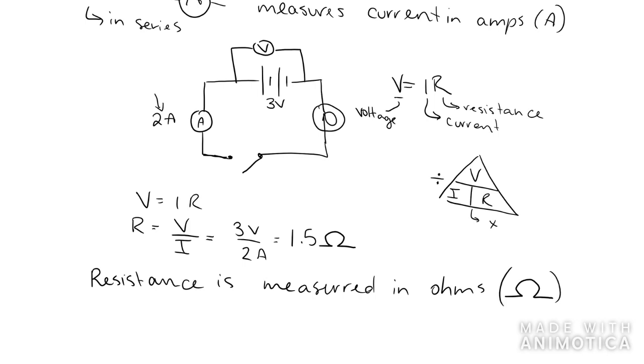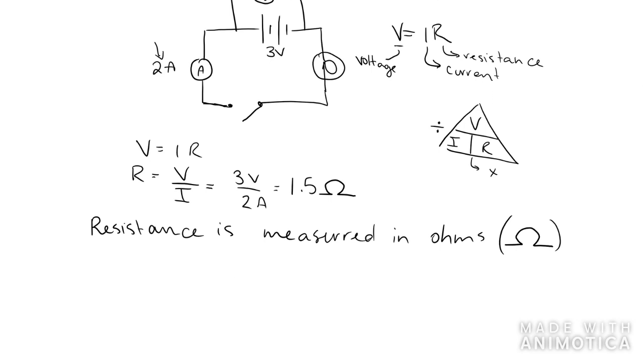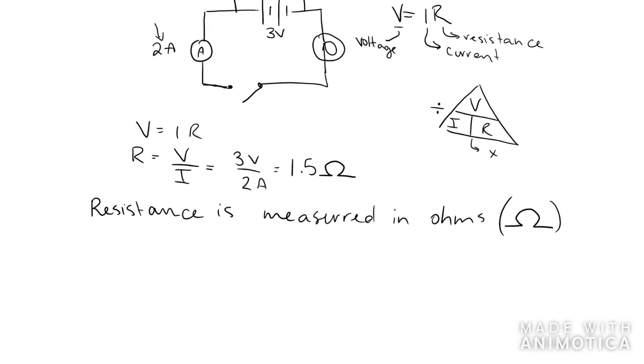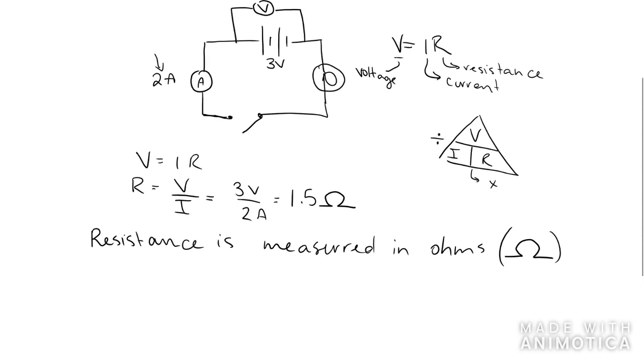So in a series circuit, this is really easy, but sometimes we don't have in series, sometimes we have in parallel. What's happening is, as we're going through the circuit, this load is going to use this entire 3 volts as it goes around.